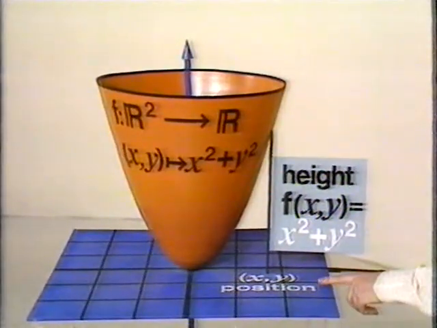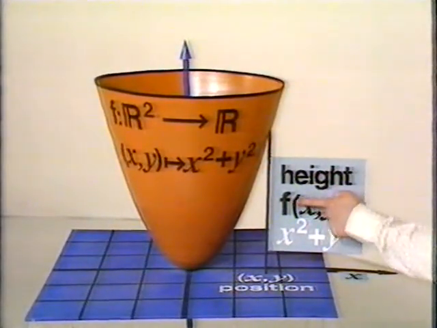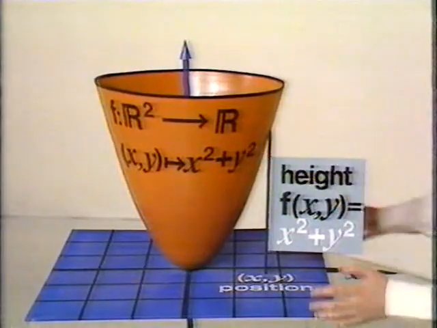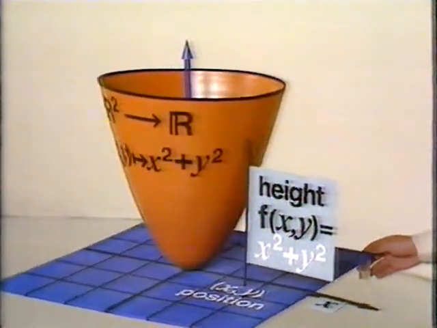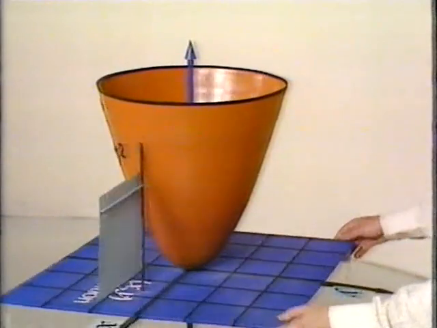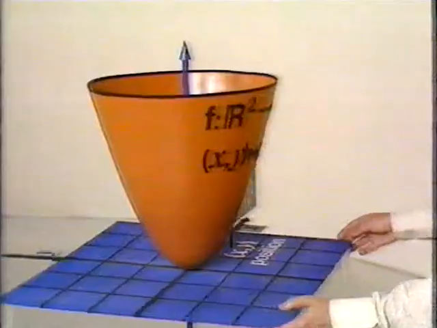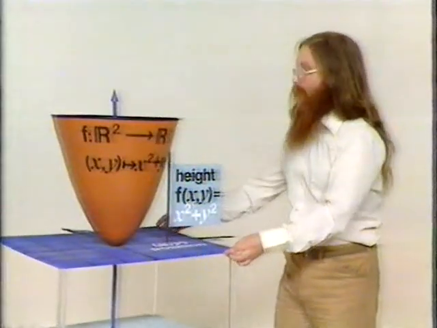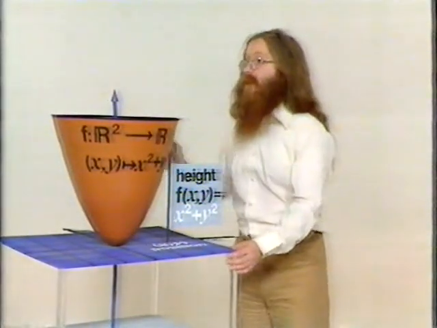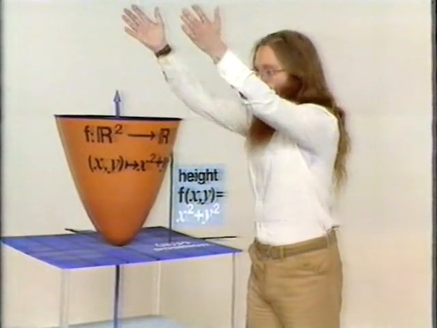For each position xy, we use the rule f to obtain the height of the surface. And if we do that for every point xy, we get this shape of surface. Well, we've cut it off here with a vertical slice, but it really goes upwards indefinitely.